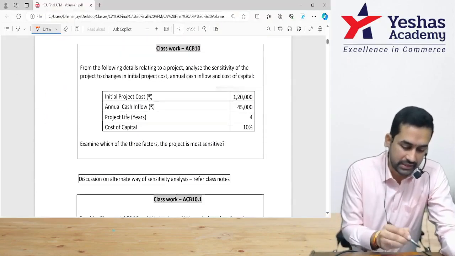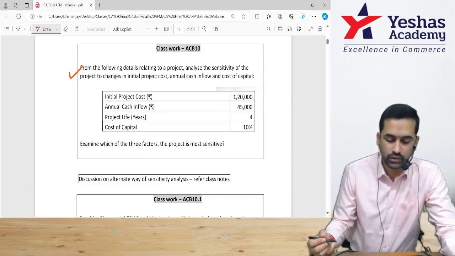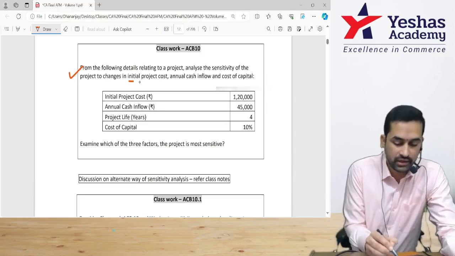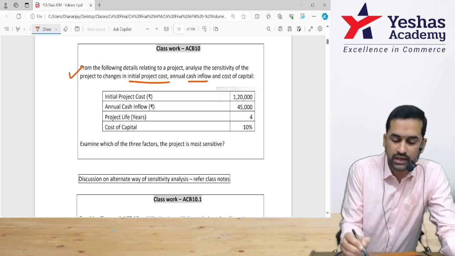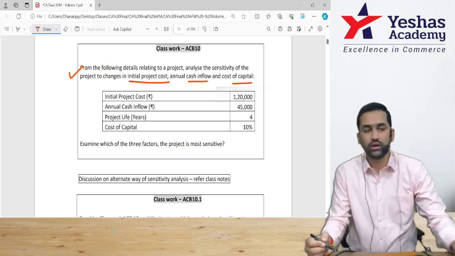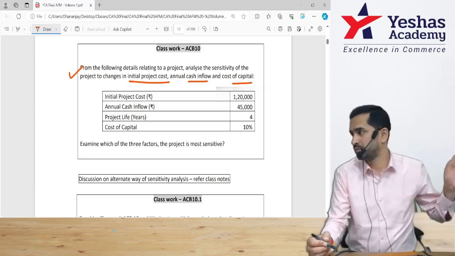From the following details related to a project, analyze the sensitivity of the project to changes in initial project cost, annual cash inflow, discounting factor, or cost of capital, which means they have already given what to do. It is not like the previous sum.